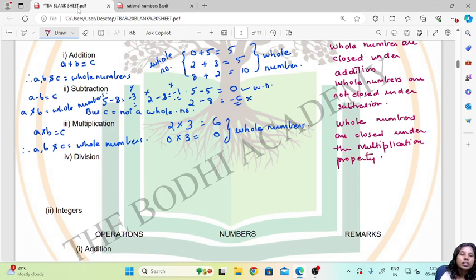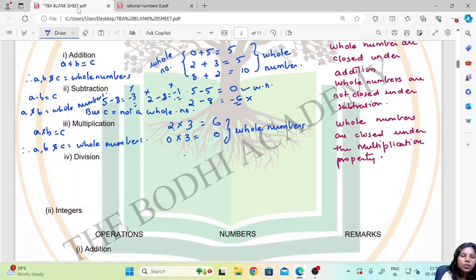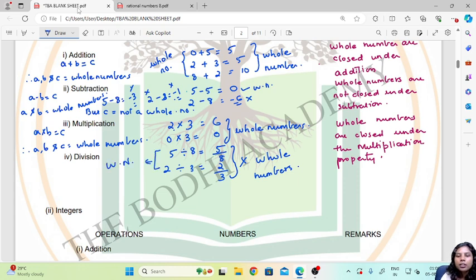Last we have the division part. Say I take an example of 5 divided by 8. In this case we will get 5 upon 8. Then we have 2 divided by 3. In this case also we will get 2 upon 3. These are not whole numbers, even though the numbers that we are dividing are whole numbers, the result isn't a whole number.